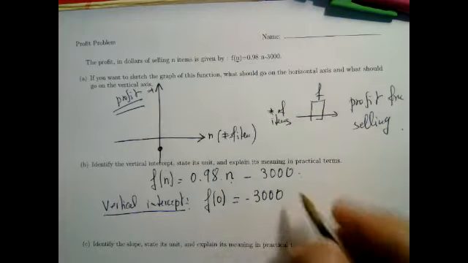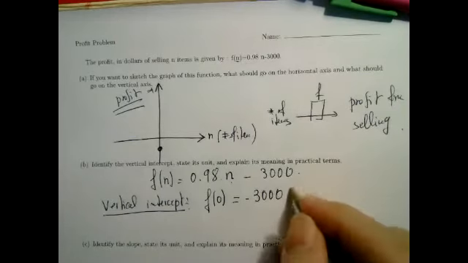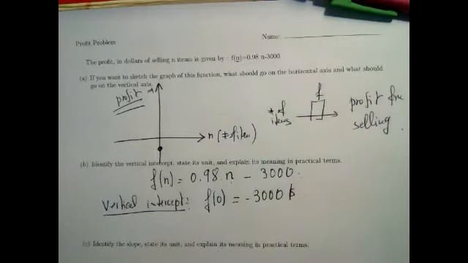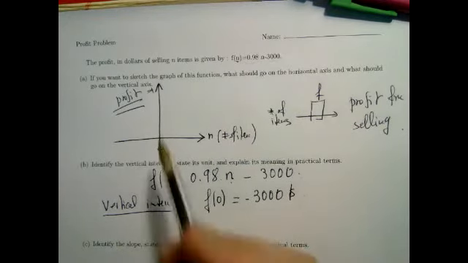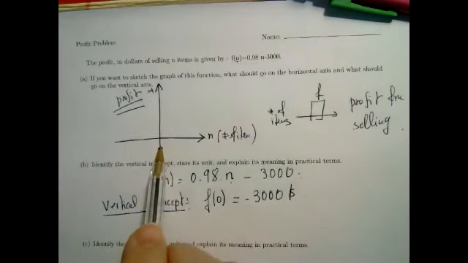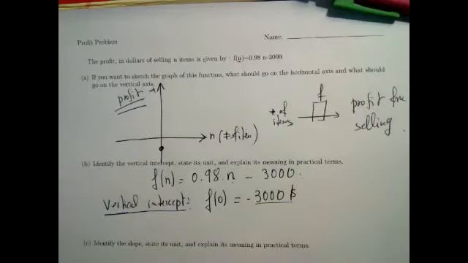What's the unit? Minus 3,000 what? That's the unit. What's the meaning of it? So what does this represent? If n is 0, no items are sold, that's what n equals 0 means, then the profit is minus 3,000. Does this make sense?